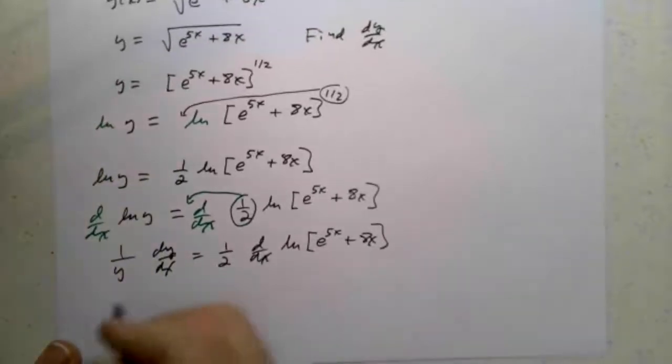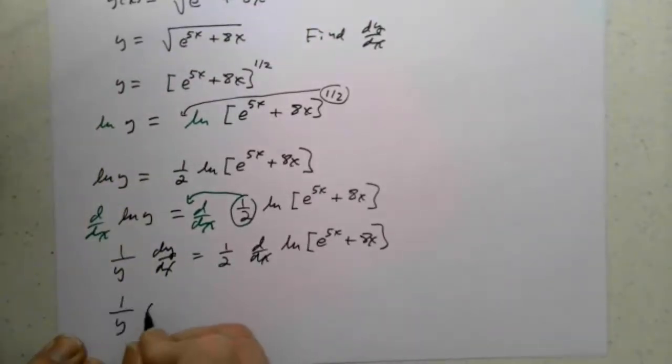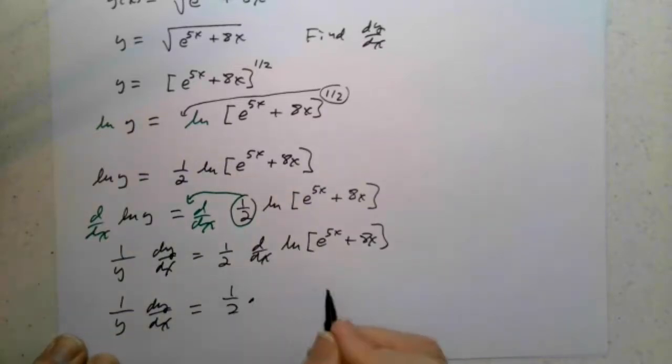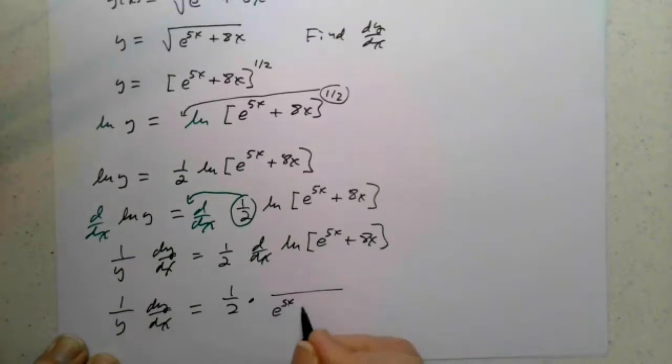So this is where we are currently. 1 over y dy/dx equals 1/2 times. The derivative of this was 1 over that, right? 1 over that was e to the 5x plus 8x times the derivative of that, which was 5e to the 5x plus 8.